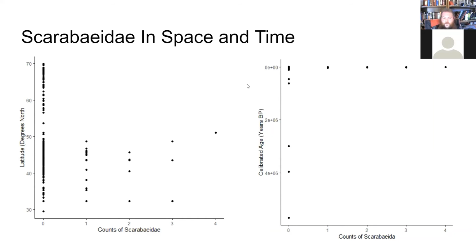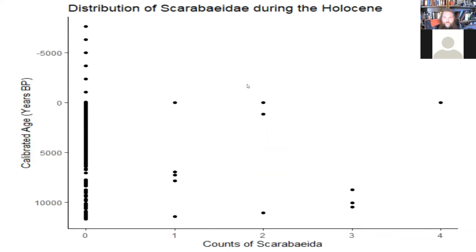So one thing I've done is I've just increased the resolution of that. So this is since the end of the Younger Dryas cooling period, 11,700 years ago. And you can see that there were some species, and then they seem to have died off.